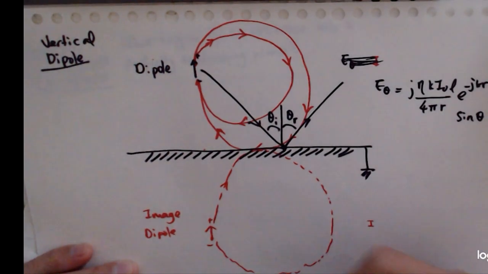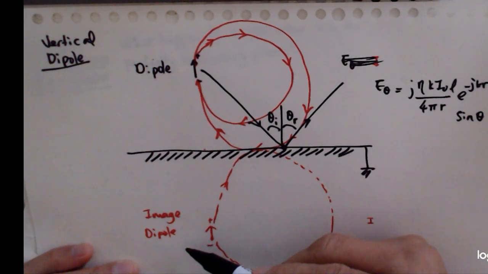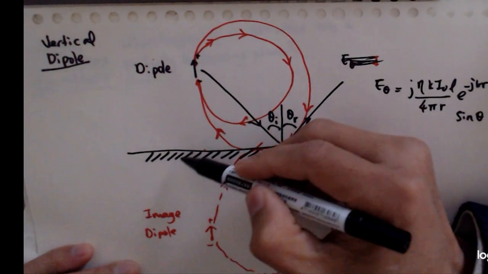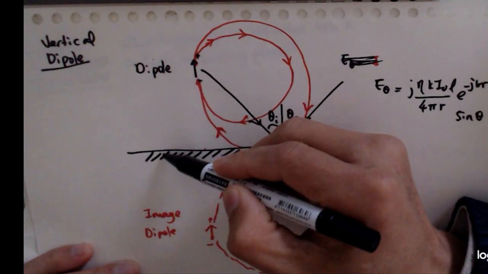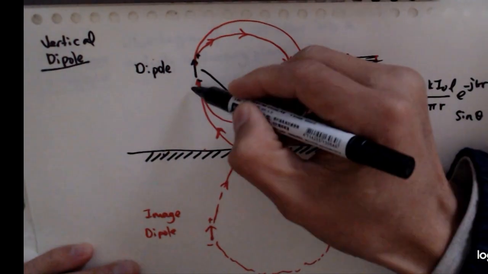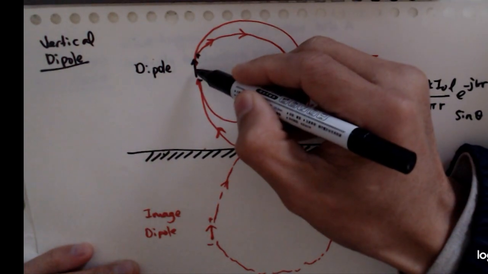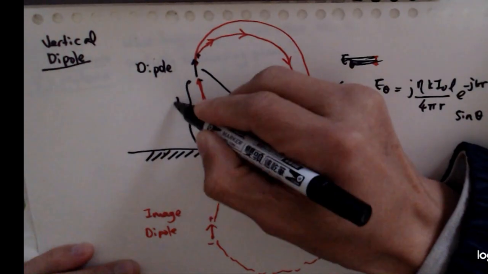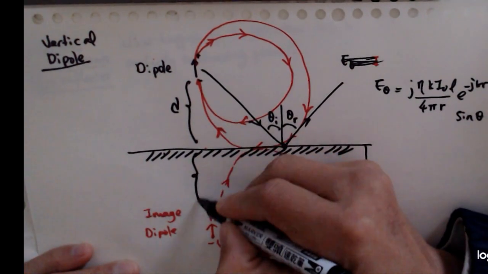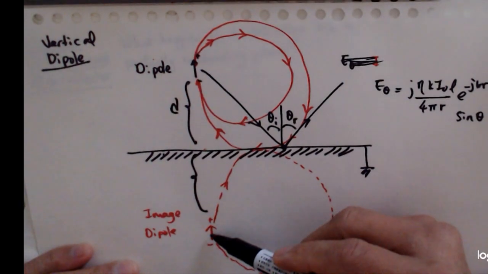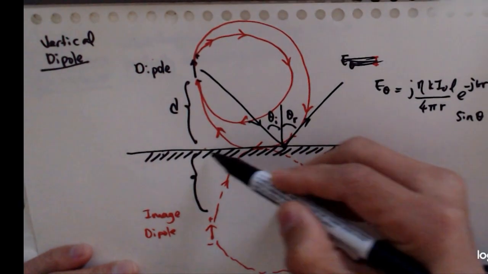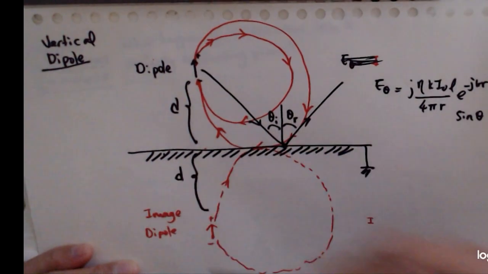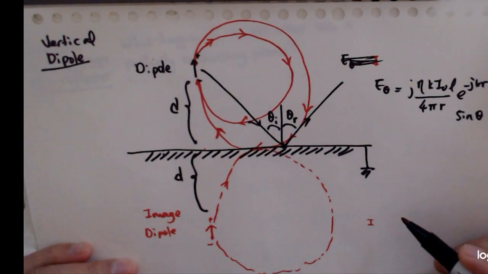So the image antenna will behave similarly. The only exception is the distance: if the distance of the original antenna from the ground is d, then we expect the distance between the image antenna and the ground interface is also d. Okay, so this is the case.